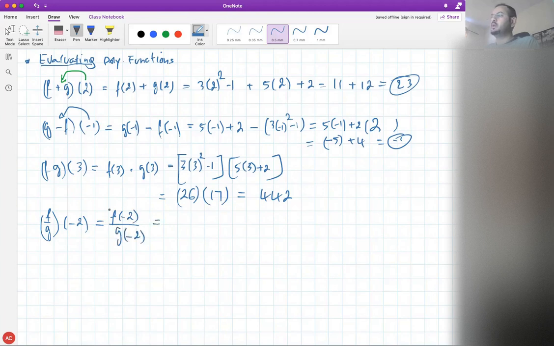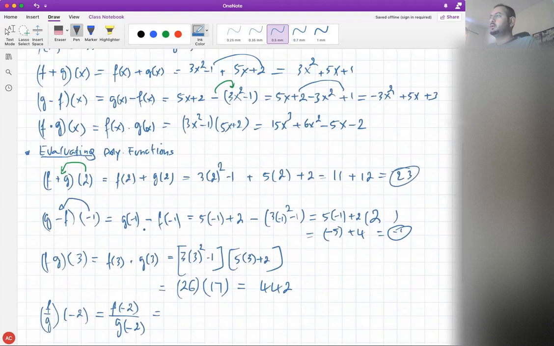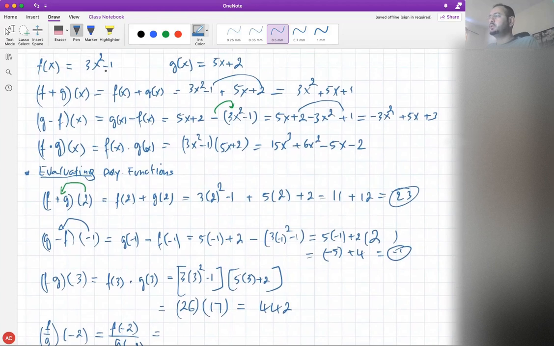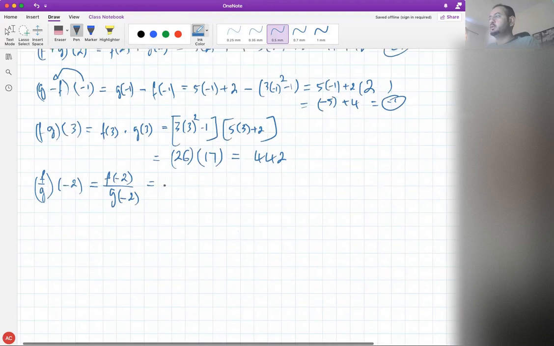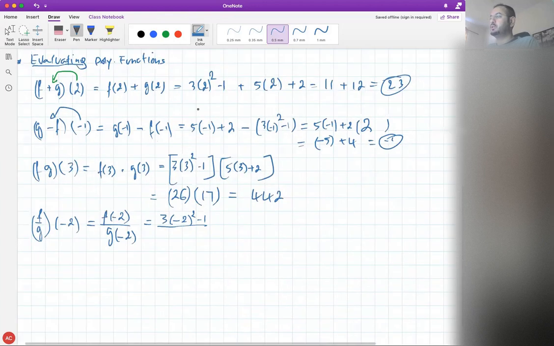And again, we're just going to evaluate whatever this is and this, and divide them. So f of -2. We'll plug -2 into 3x to the second, so it'll be 3 times (-2) to the second minus 1, over g of -2. So -2 goes into g, and I'm going to plug -2 here. So 5 times -2 plus 2.